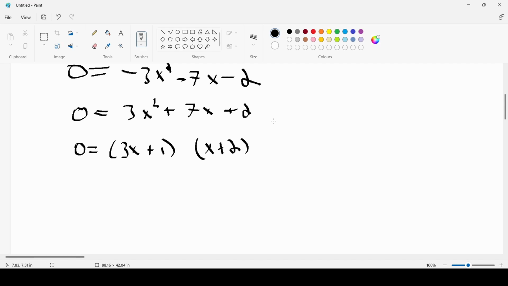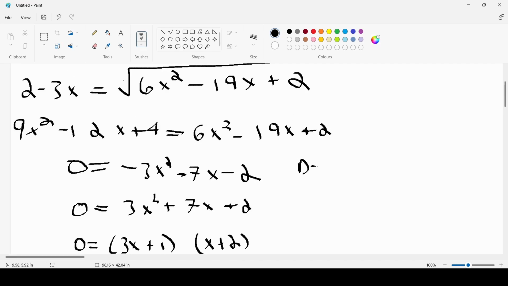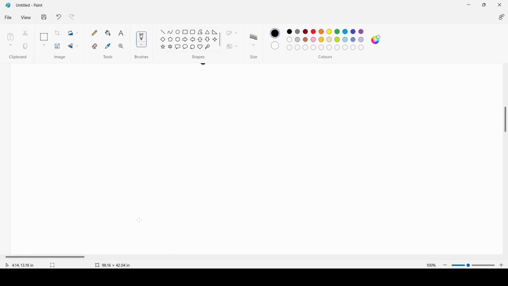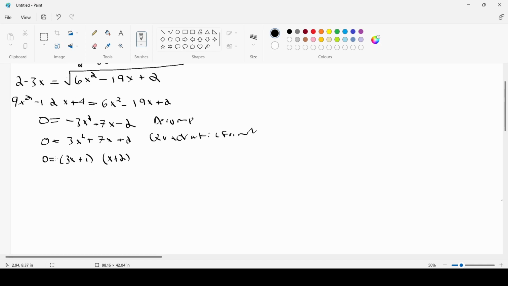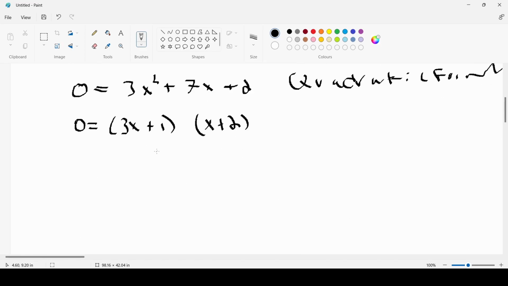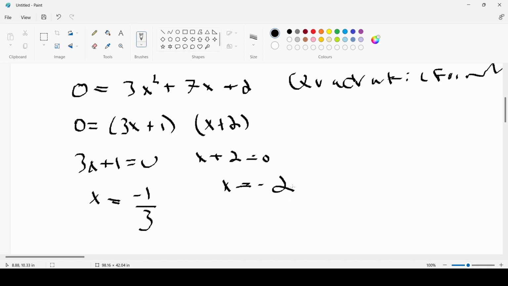Again, if you can't do that, just use decomposition or the quadratic formula. You could also just graph it. Now we're just going to say 3x plus 1 equals 0, and x plus 2 equals 0. x equals negative 1 over 3, and x equals negative 2, right?